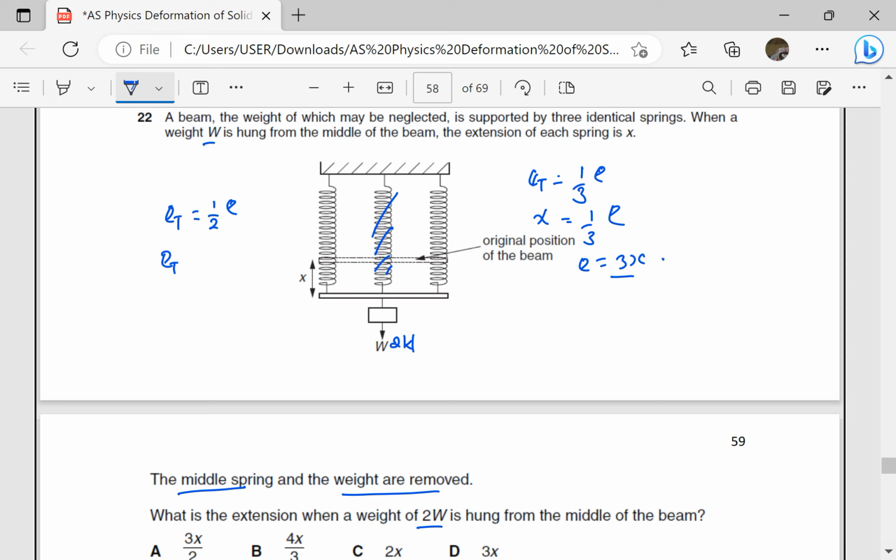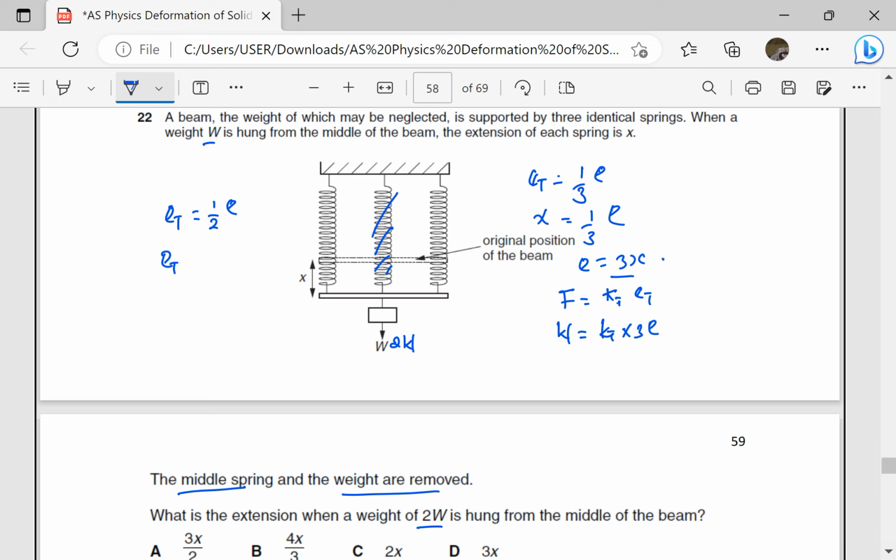Okay. So remember by Hooke's law, F is equal to the total constant, K total, times total extension, E total. When the load was W, we can establish the total constant. The constant there was K total, times the extension, which is 3x.